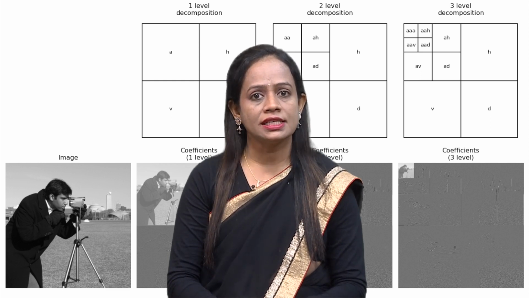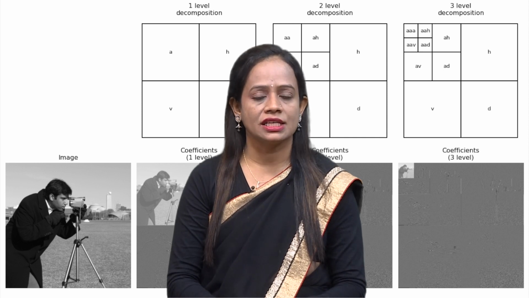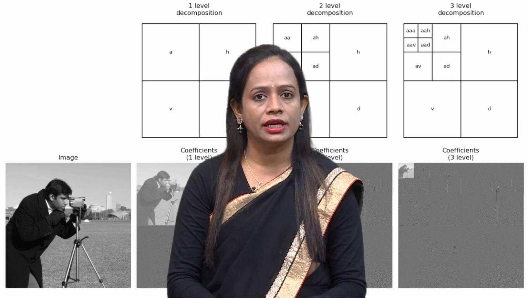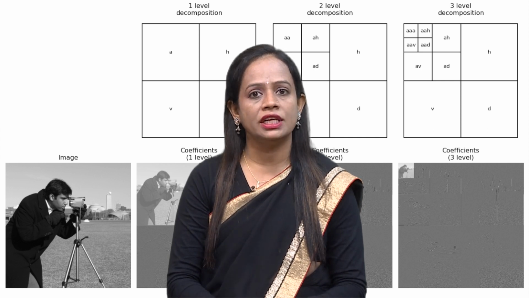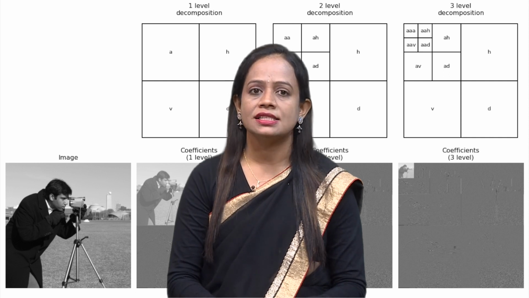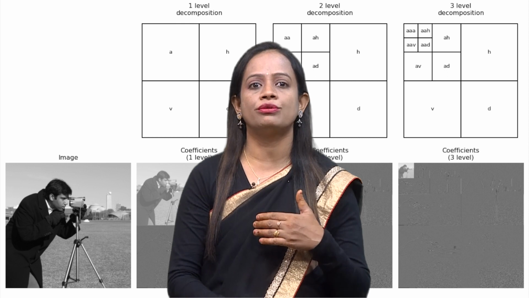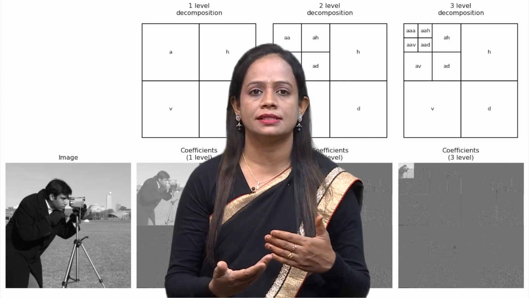The dwt2 function is a function provided by the PyWavelets library that performs a 2D discrete wavelet transform, DWT, on an input signal or image. The dwt2 function is used for 2D data such as images to decompose an image into different frequency subbands.